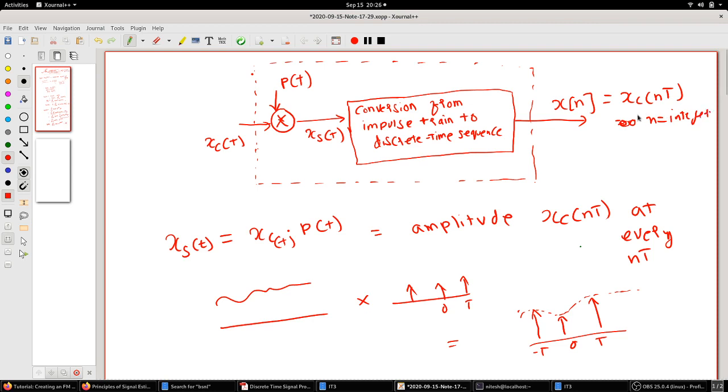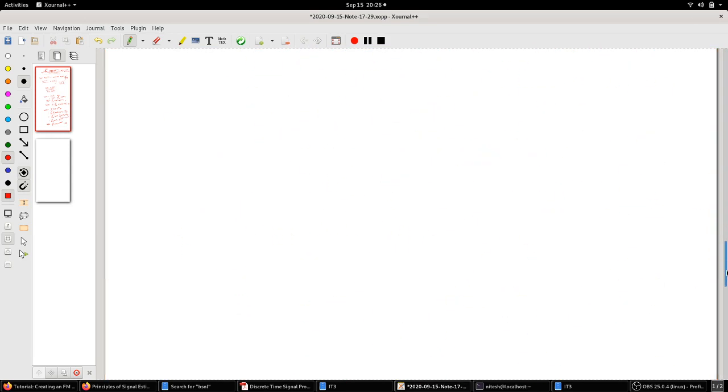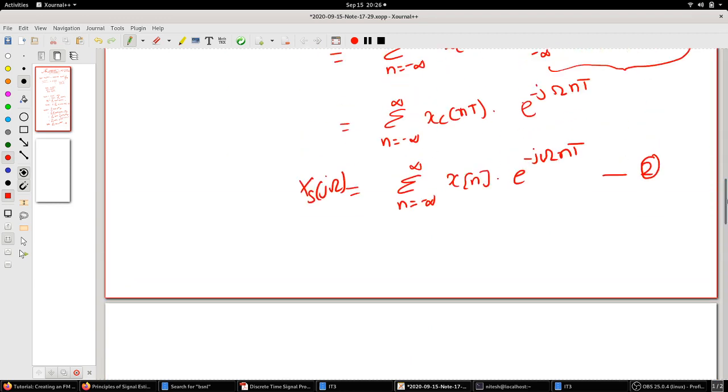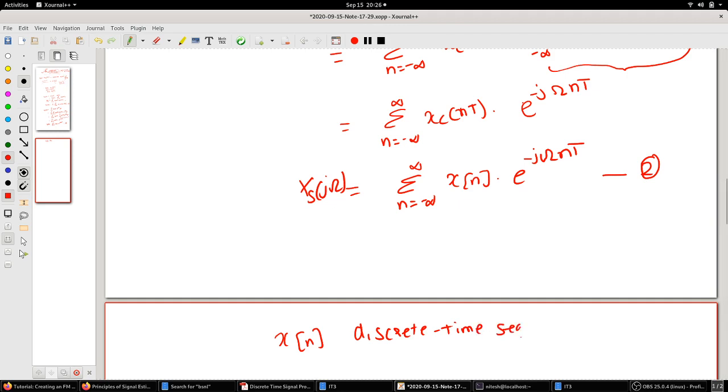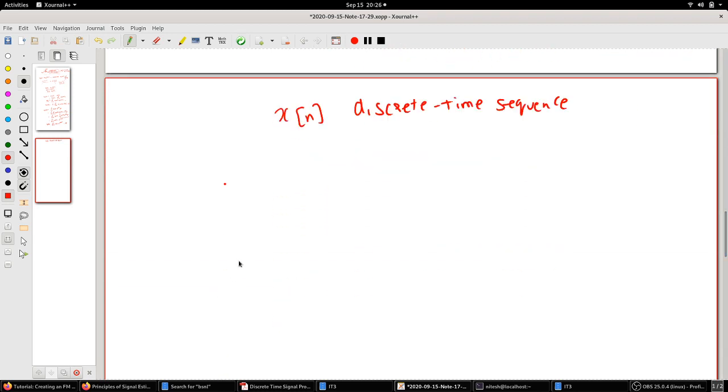Okay, so now what will be the Fourier transform of x of n? We know that x of n is a discrete time sequence, and another thing I know is the discrete time Fourier transform, which is the Fourier transform of a discrete time sequence.